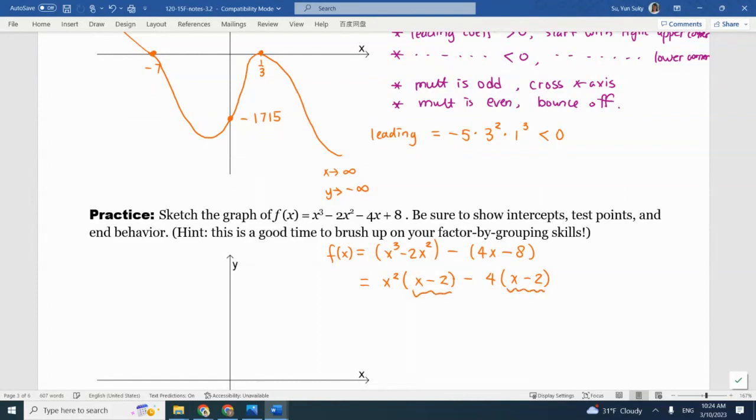Now do you see the common factor here is x minus 2? So we can factor out x minus 2. Diana, what's left? Yes. Can you factor the x squared minus 4?